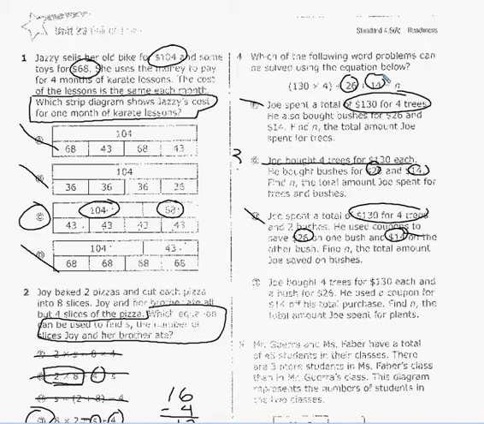So that one doesn't work, because it was talking about a subtraction problem right there, and we're looking at adding another 14. So it looks like answer choice G is our correct answer.